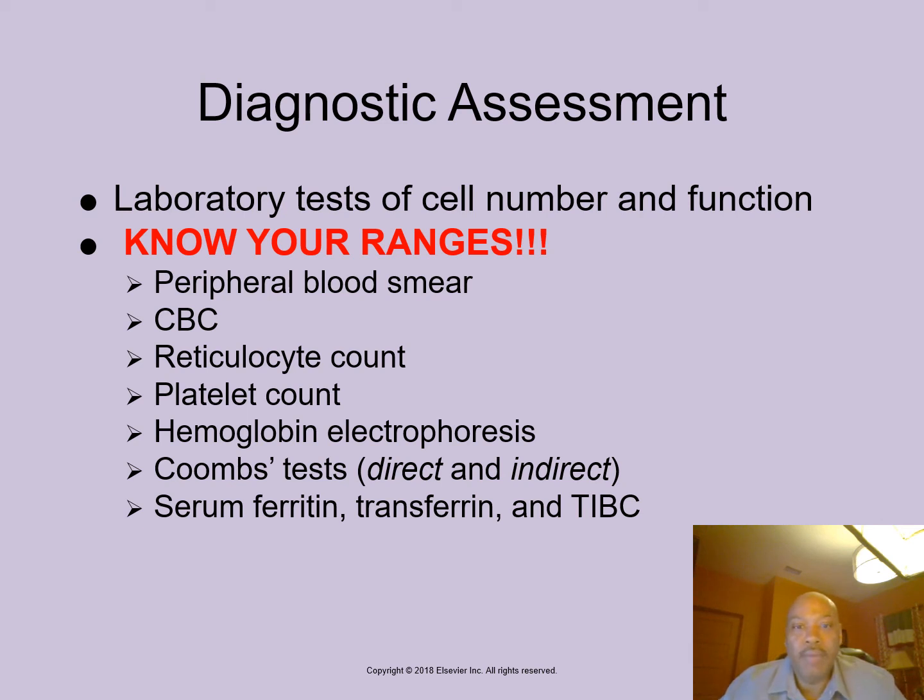Laboratory tests of cell number and function are possible through use of these tools. Make sure you know your ranges. This is very important. Lab tests can provide definitive information about hematologic problems, so I want you to read chart 39-2 for more information on this. And again, know your ranges.